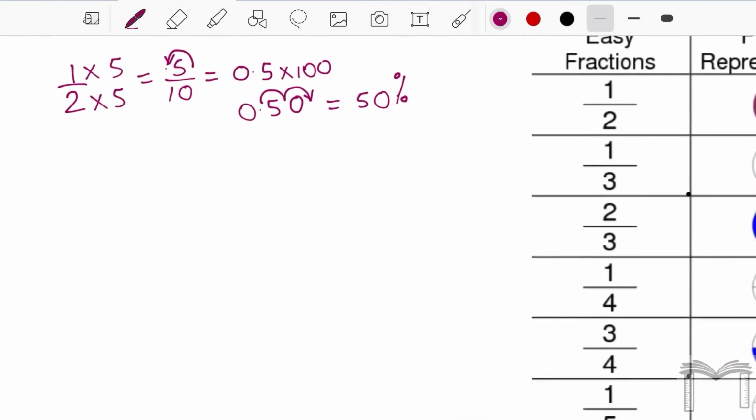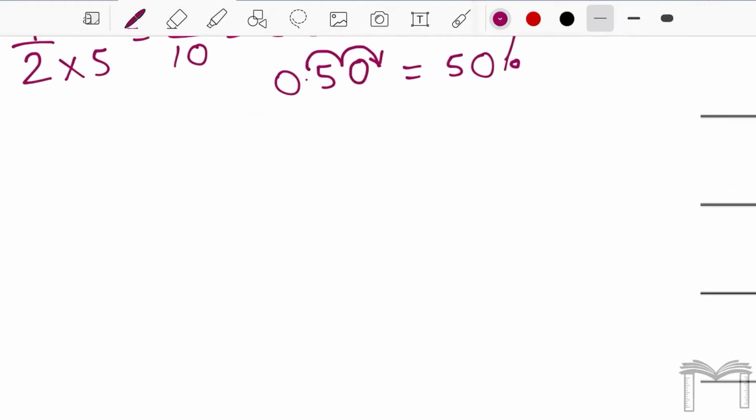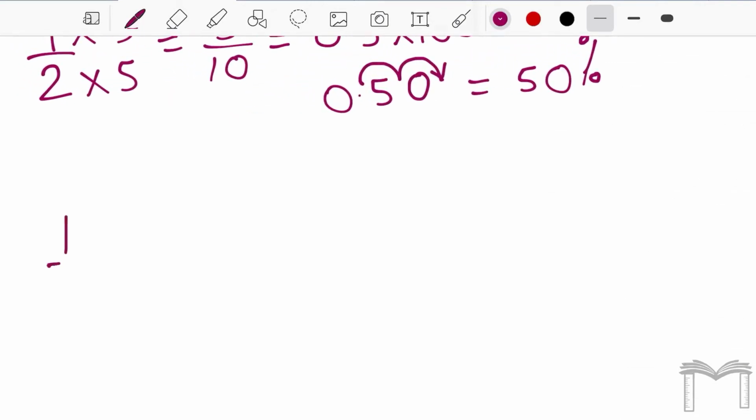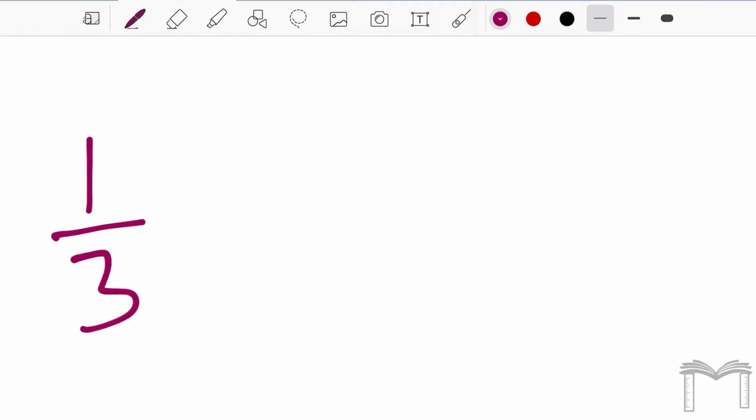Next we have 1/3. Since 3 cannot be easily multiplied or divided to make 10 or 100, we must use a different approach. We must say numerator 1 divided by denominator 3.